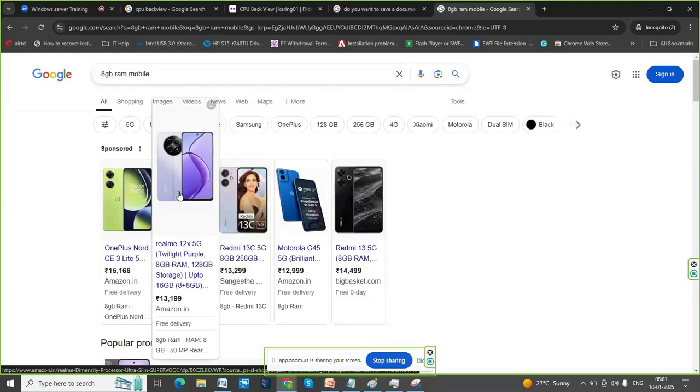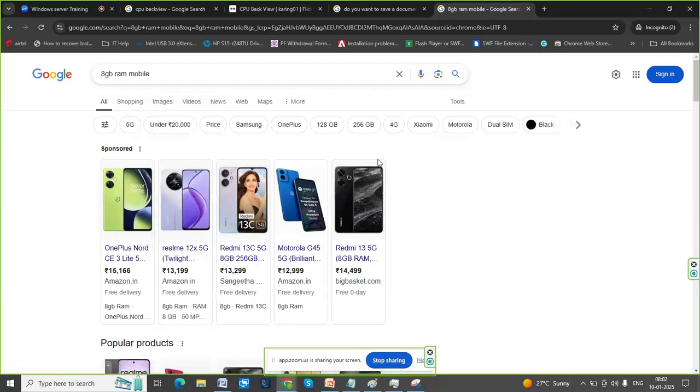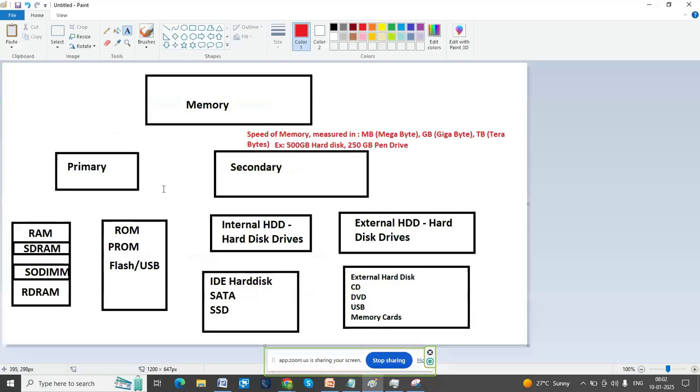MP is megapixel, the camera measured in megapixels. So RAM is majorly meant. Your hard disk storage capacity may be 16 GB or 128 GB, but if the RAM is 1 GB, it's of no use. As long as the RAM is higher, your mobile's speed would be higher. Of course, other factors matter, like chipset and processor, but primary memory has the major role.